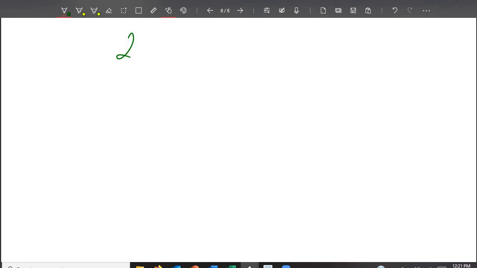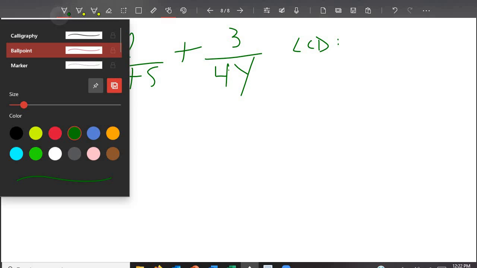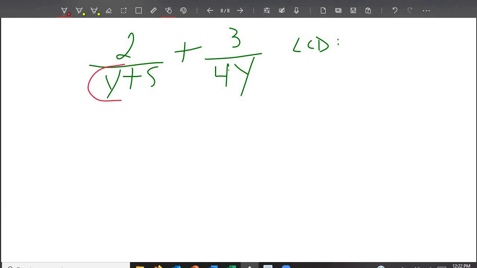All right, let's do this one. You got to be careful with this one. Okay, LCD. It has to contain everything over here. From the second fraction, it has to contain whatever they're not sharing.